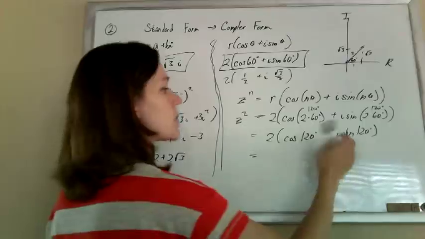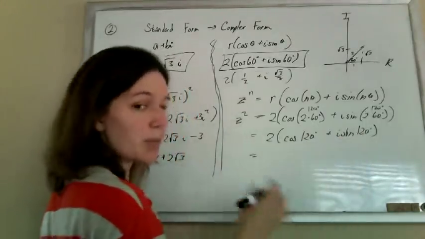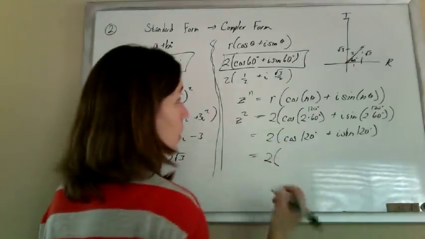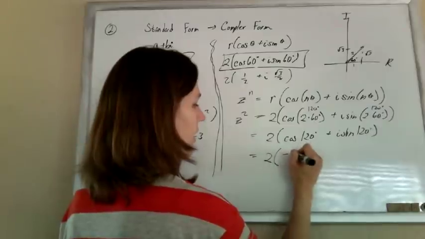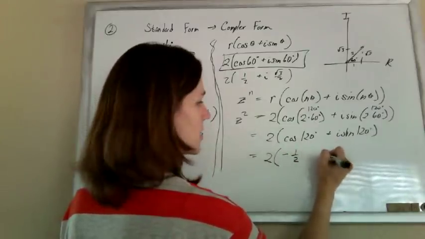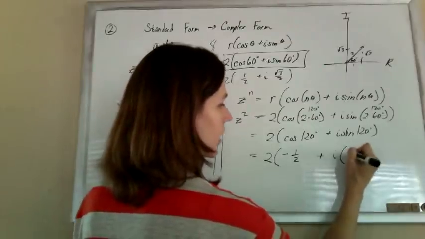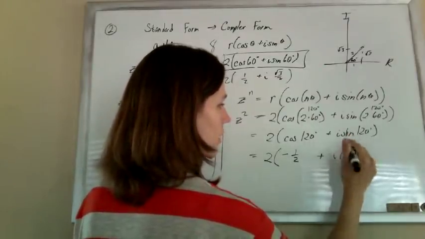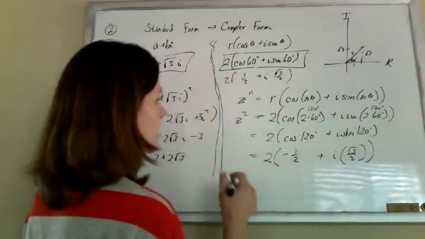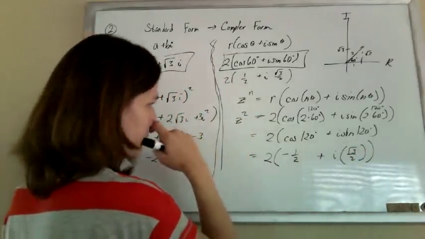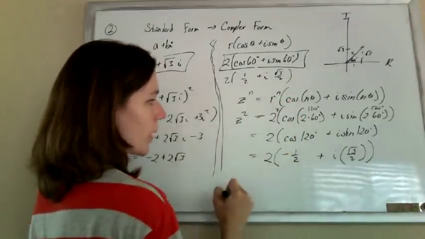If we want to check this by putting it back into standard form, just figure out what these are, because I've rigged these, we happen to know them. So the cosine of 120 degrees is going to be negative a half, and i times the sine of 120 degrees, sine of 120 degrees is root 3 over 2. Now I just noticed that this r is supposed to be r to the n, so it should be 2 squared.